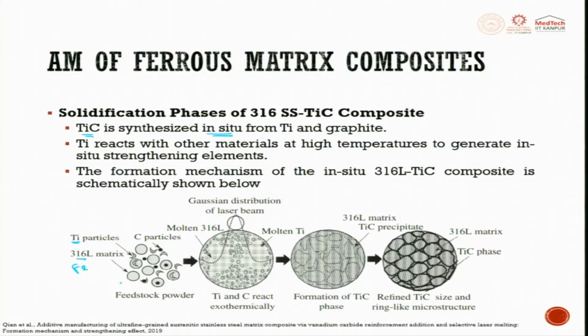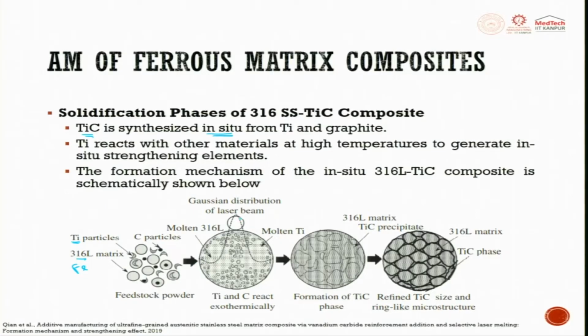Now you see all the 316 matrix, Ti particles, C particles, they in turn react very fast to form TiC, and this TiC will be a particulate reinforcement in the 316 matrix. So, when you look at this exothermic reaction which happens here, when the laser hits, it has a peak power coming here.